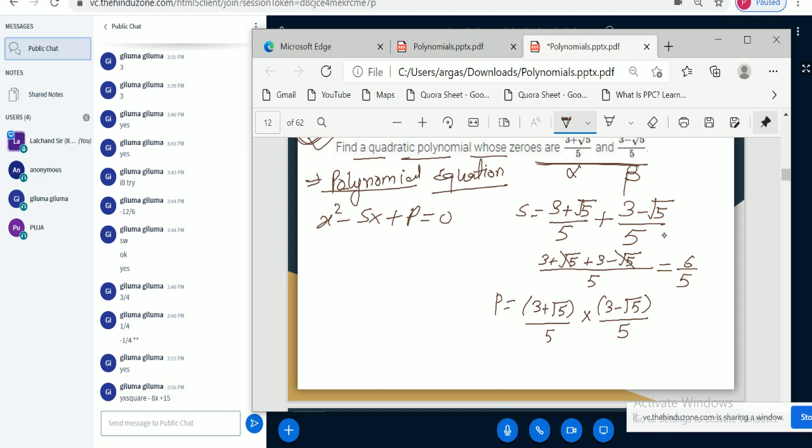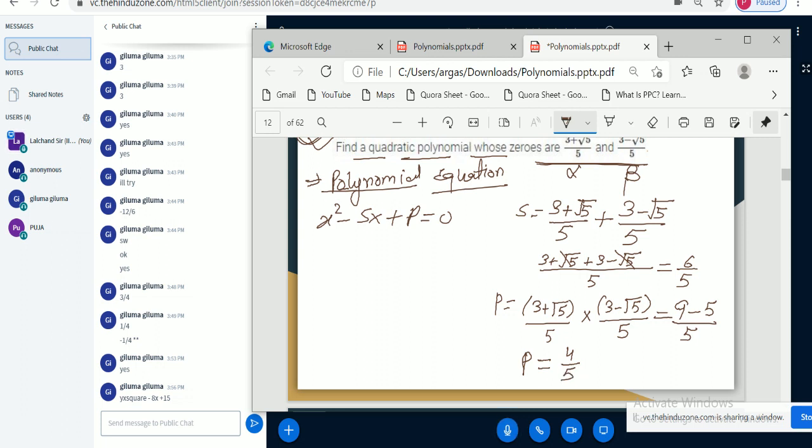What identity can you apply for these two factors? A square minus b square. So I can write 3 square, 9, minus root 5 square, 5, divided by 25. So the product value is 9 minus 5, that is 4 by 5.